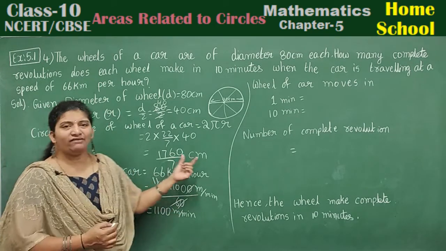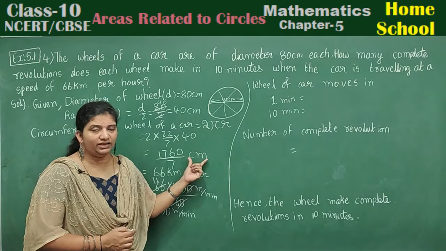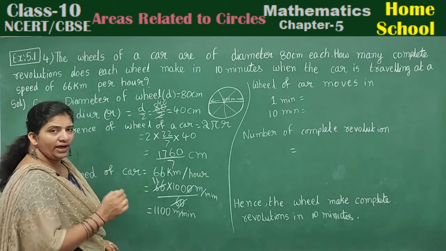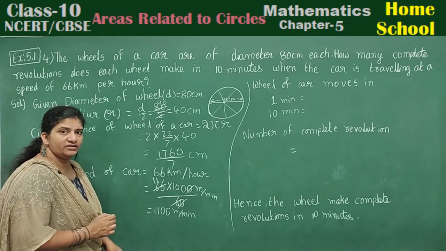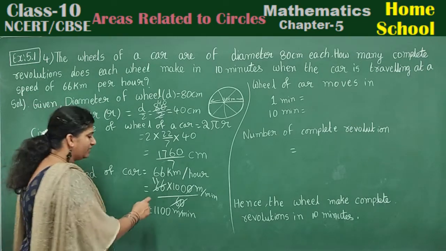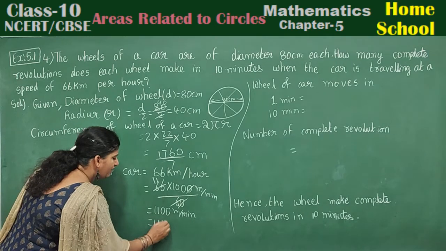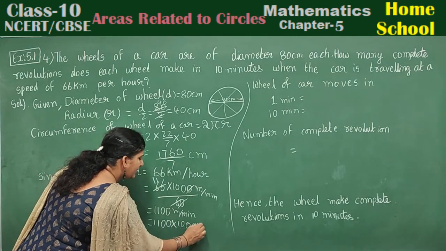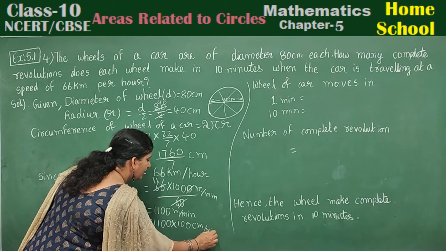But do we have the problem in meters? No, centimeters. So again convert this into centimeters. 1 meter is equal to how many centimeters? 100 centimeters. Multiply for that. 1100 into 100 centimeters per minute.